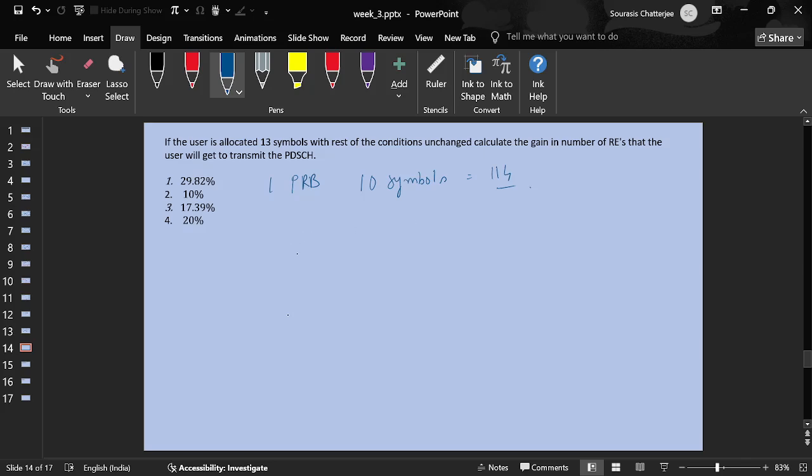So can I further simplify, since earlier it was 10 symbols, now I have 13 symbols, so the increment is 3, and that is on top of 10, so this should give me the percentage gain, right? Yes, correct. That is simple. So it should be something like 30%. But is that the correct way or am I doing something wrong here?